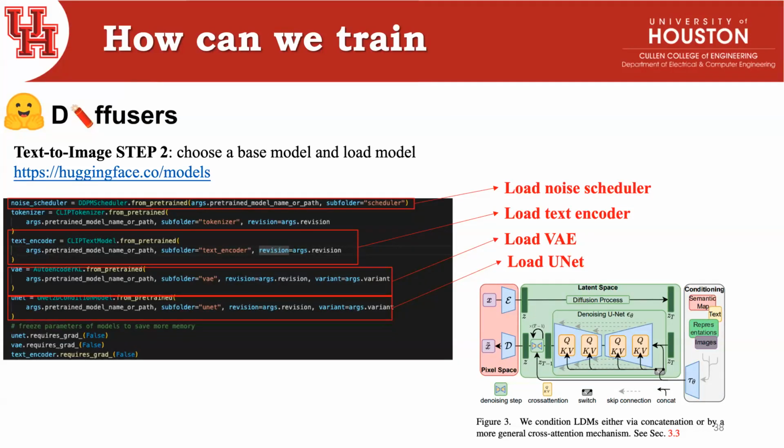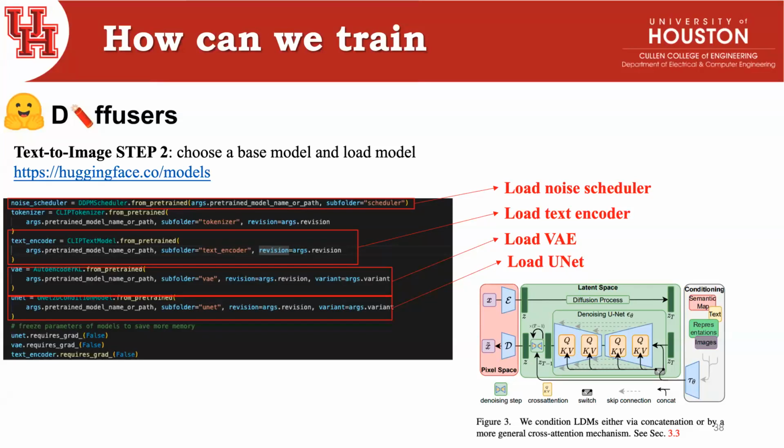You have to use very many GPUs. So actually, people would like to choose a base model that a big company has trained, like the stable diffusion models or other models, and then load their model like this. As we can see from the latent diffusion models, we count four parts.